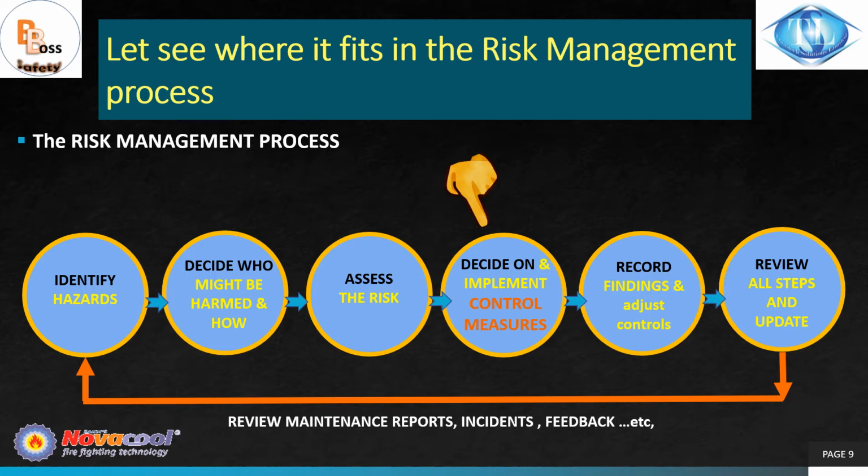So once we arrive at the implementation, we have already decided this control measure according to a certain ranking or hierarchy. And that is the subject of our module today. What is the ranking, the hierarchy of the control measures we are taking? So I cannot every time start with PPE.